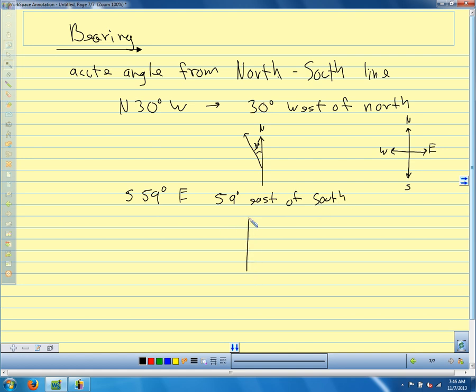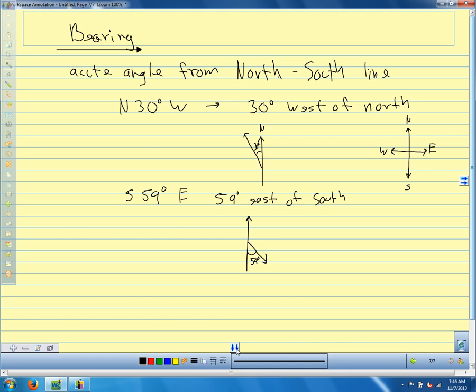So here would be our north-south line, and 59 degrees east of south would be down here somewhere. So in surveying and in sea navigation, you'll see bearing written this way.